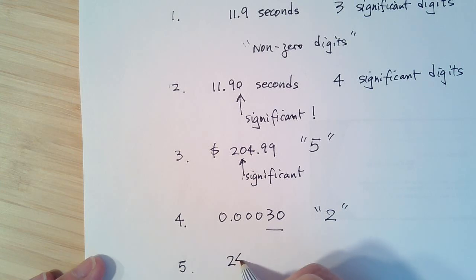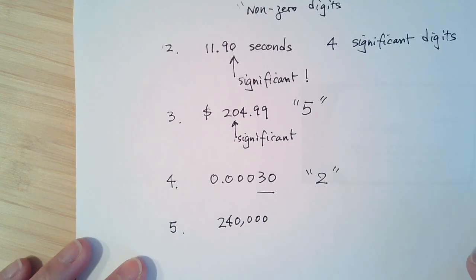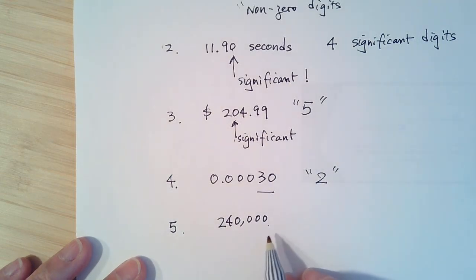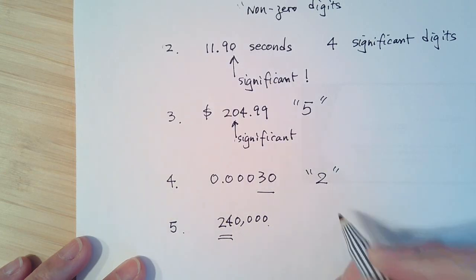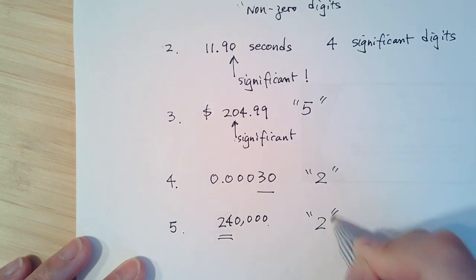What about this one? 240,000. How many significant digits? Here is actually the decimal point. There's nothing behind it, but before that there are zeros. This one has 2 significant digits.